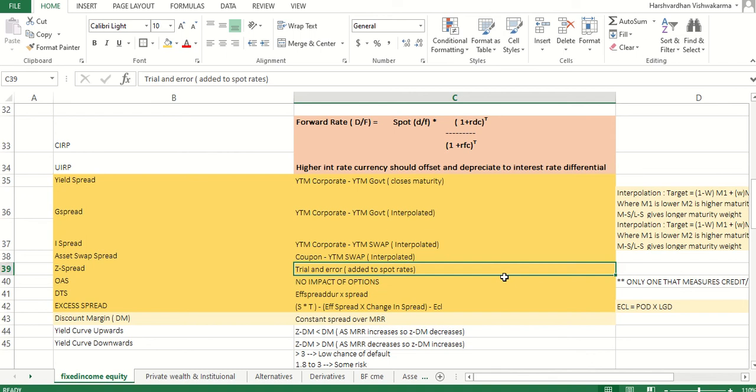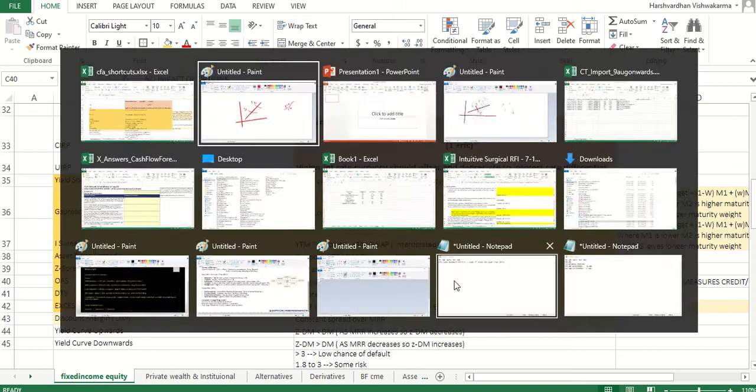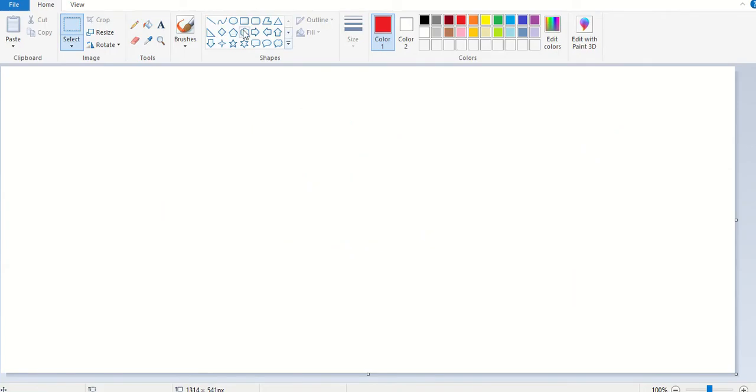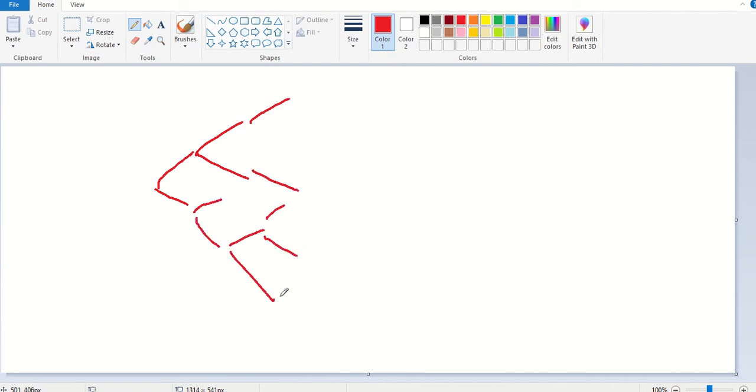It will be given. Option adjusted spread has no impact of options. To understand it in brief, I'm not going to go in detail because this is from L2, L3. Whenever we used to do decision trees, we had upper node, lower node, and all those things.